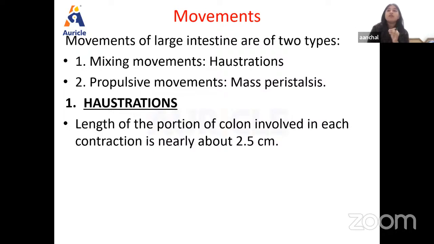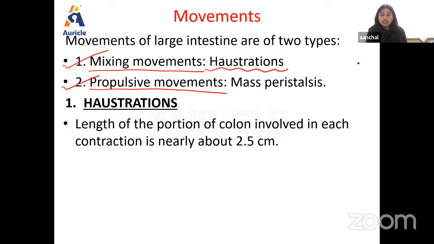The same types of movement are present in the large intestine also, but the names change. In the large intestine, we have two movements. The first is the mixing movement and the second is the propulsive movement. In the large intestine, the mixing movement is known as haustration.